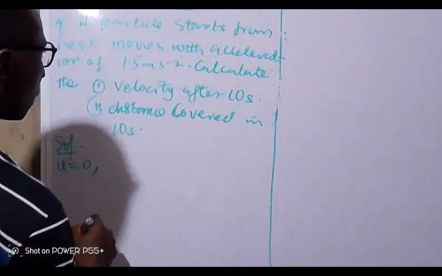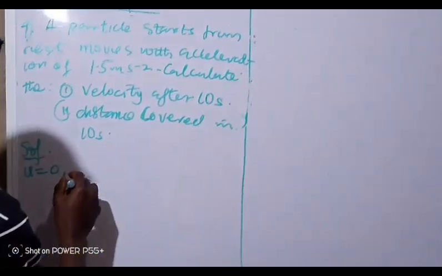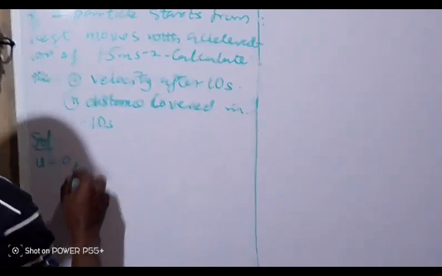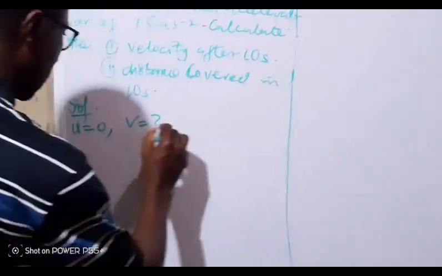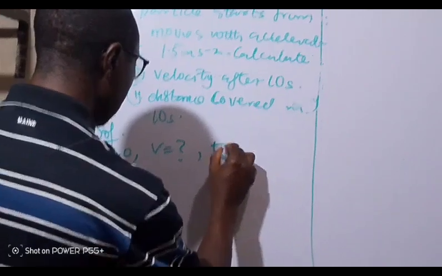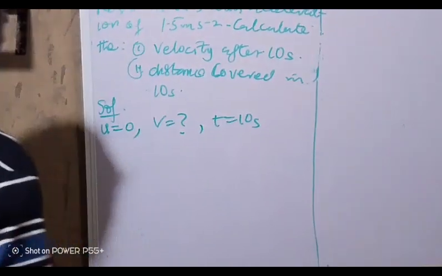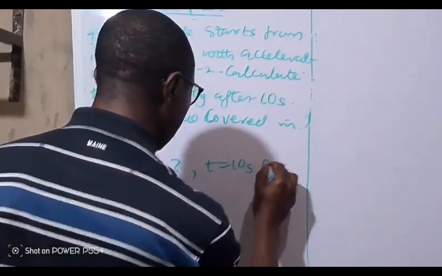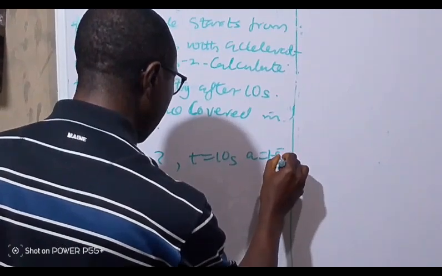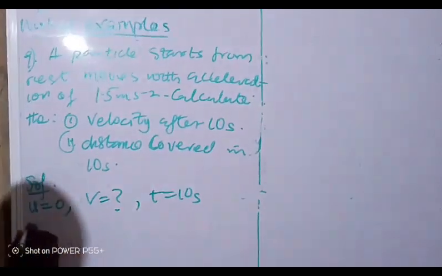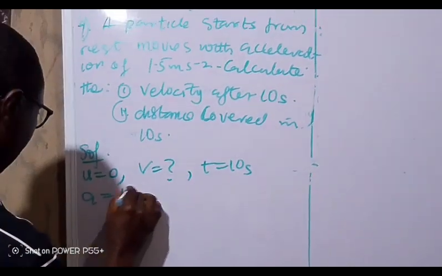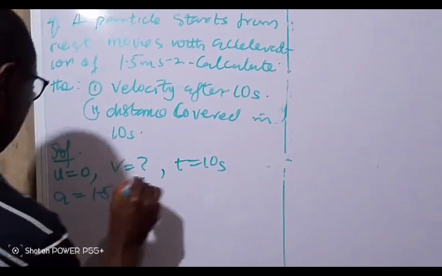We have to calculate the velocity after 10 seconds. V unknown, then T is known, then A is given, 1.5 meter per second squared.